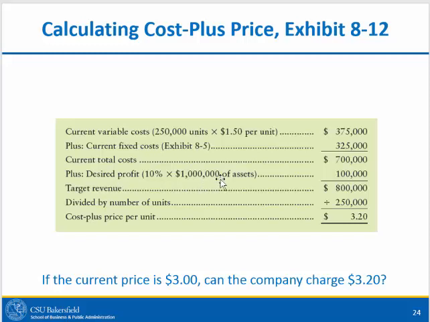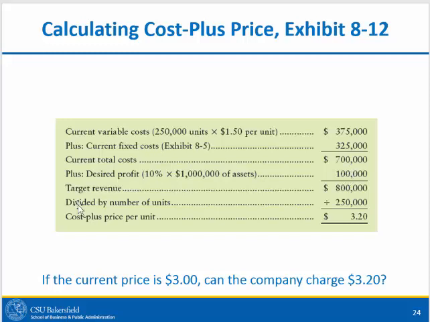Here we look at the return on assets, but sometimes you may have a return on investment, or maybe a certain profit margin percentage requirement. So the idea is very similar. All you have to do is look at what the percentage is, and second, whether it applies to assets, sales, or investment. In this case, it's assets. So we multiply 1 million of assets by 10% to figure out the desired profit.